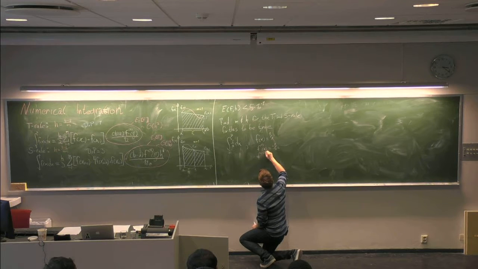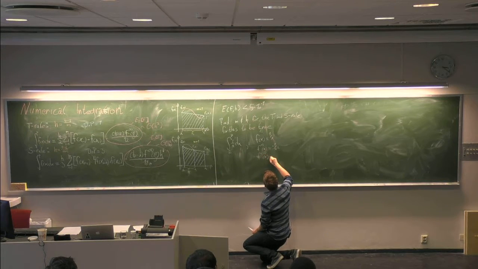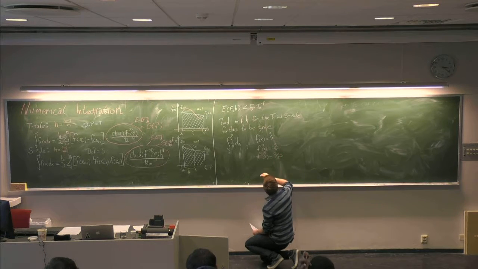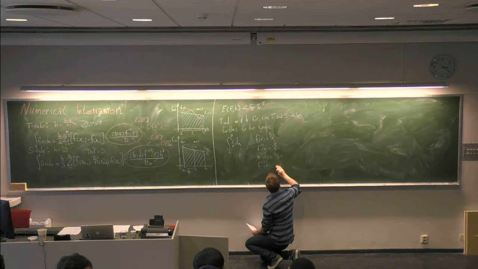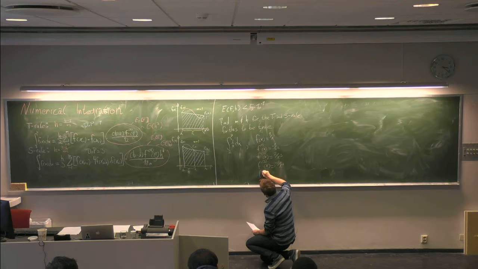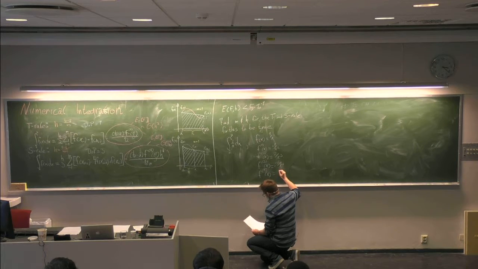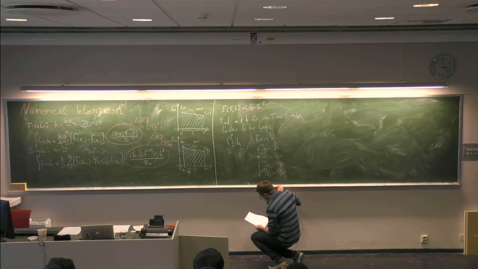The second derivative is going to be 2 over x cubed, and the third derivative equals minus, is it 6? Yes, minus 6 over x to the power of 4. And lastly, we need the fourth derivative, which is going to be 24 over x to the power of 5.